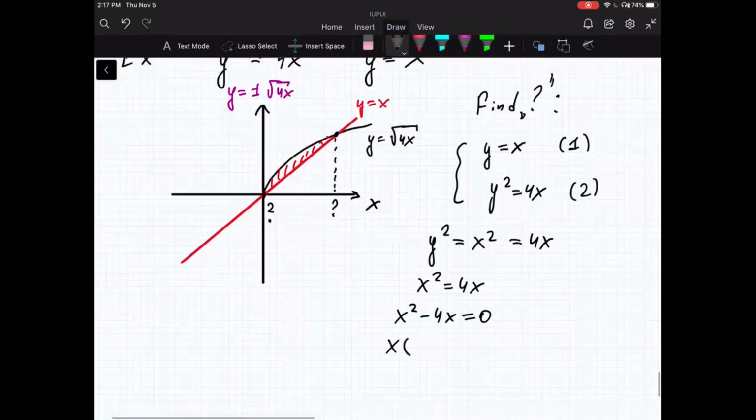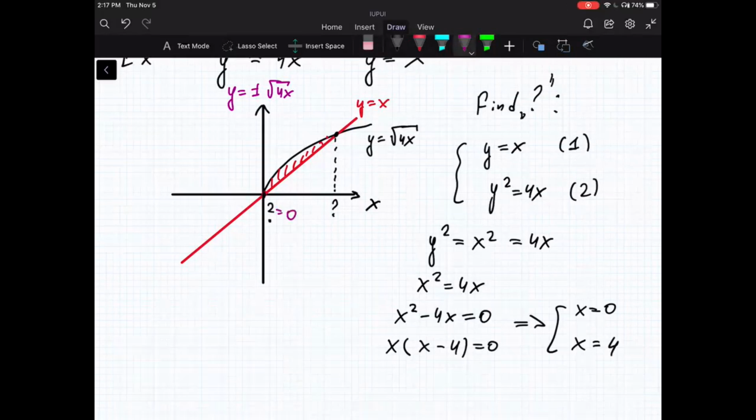And if you factorize it, you get that x times x minus 4 is equal to 0. And that gives you that either x equals 0 or x equals 4. And so that gives me these two coordinates. So this one is 0, in fact, and this one, in fact, is 4. And so I found my limits.